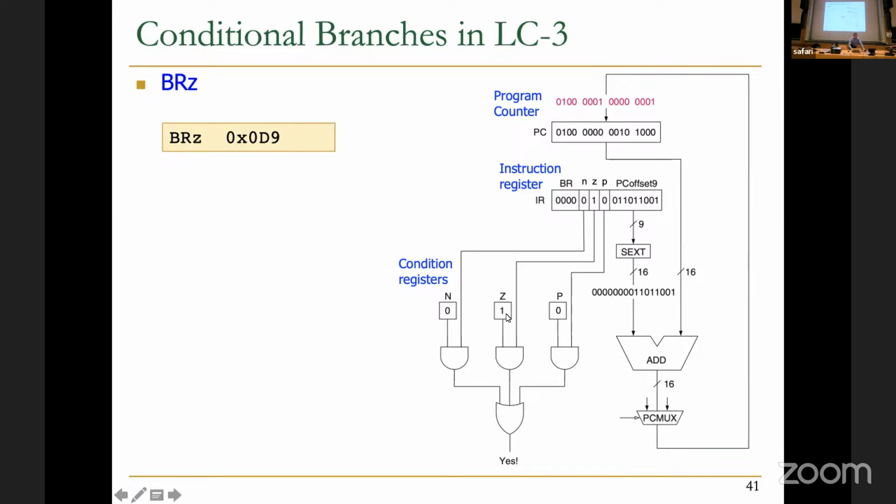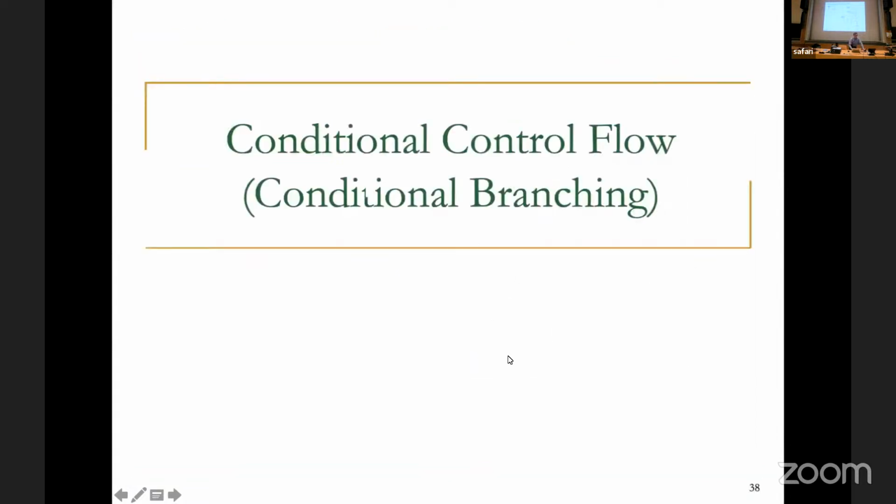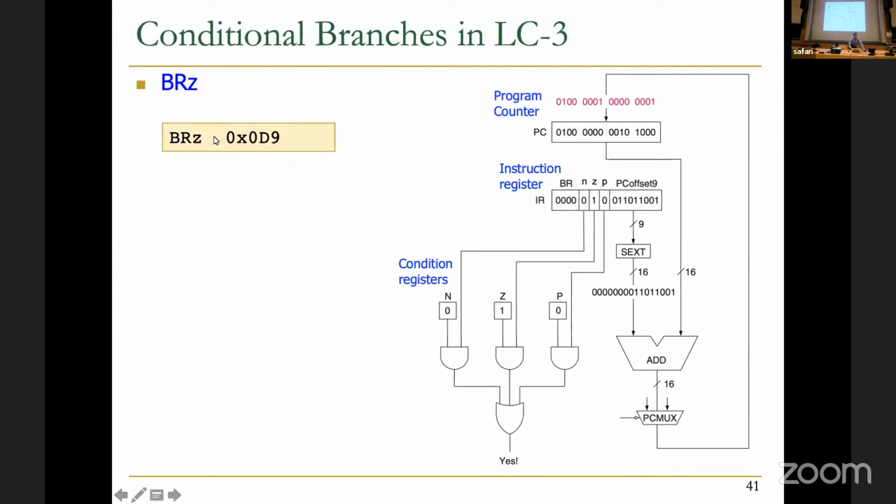We're testing Z, so it does matter what Z is, and Z happens to be 1, which means that the last instruction that wrote to a register wrote a 0 value. So we should really take the jump because this jump says branch if 0. And if that's the case, then the address that's calculated as follows, PC plus sign extended offset, which comes here, and then there's a multiplexer over here actually, because there are different ways of branching, as we will also see.